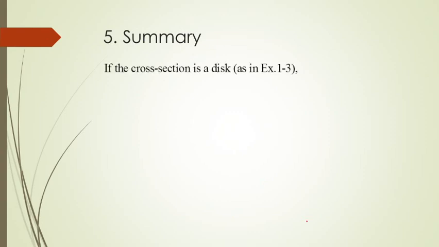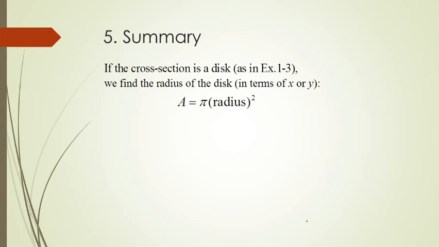Now let's do a little summary. For all of these, you notice that the cross section region will give a disk. So we find the radius of the disk, which might be using x or using y. So the area of the cross section will give the function pi radius squared, right?